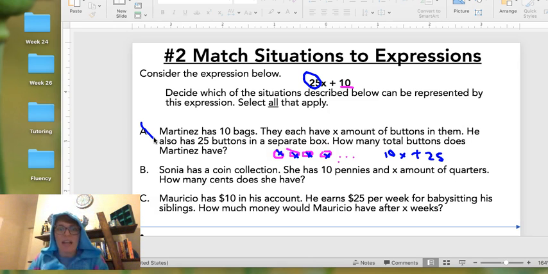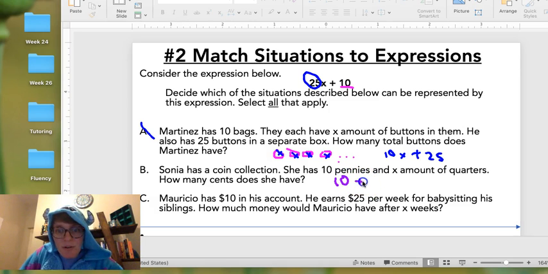Now let's check this out. She has 10 pennies. Those are just kind of by themselves. Pennies are sad. They're not worth that much money. That's just going to be plus a regular 10. It's just a constant. Then she's got X amount of quarters. When I think about quarters and cents, because it says how many cents she has, I know that I have 10 because those are my 10 pennies, each worth 1.